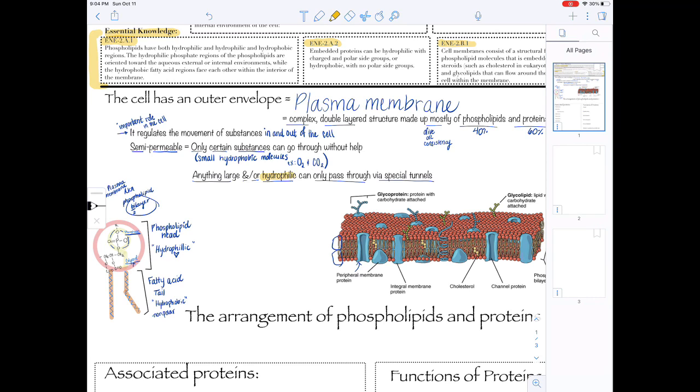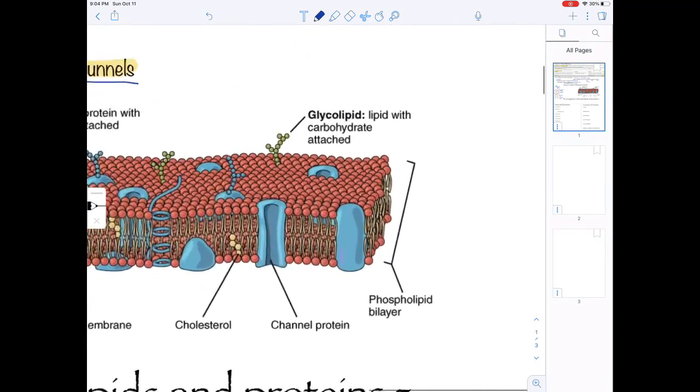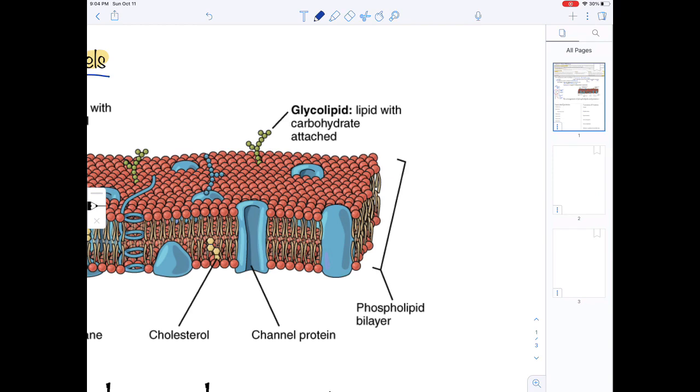The outside of our membrane is going to be hydrophilic, whereas the inside is hydrophobic. And that brings us back to what we talked about, that only certain substances can go through without help. Because the inside is hydrophobic, only small hydrophobic molecules can get through without help. Anything that's large or hydrophilic needs special pumps because it doesn't want to go through that hydrophobic area.